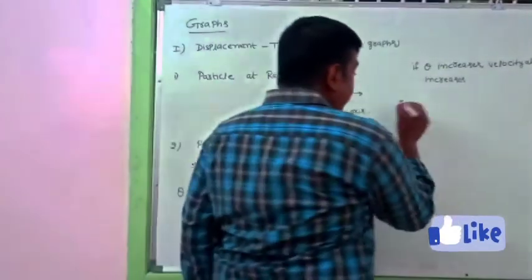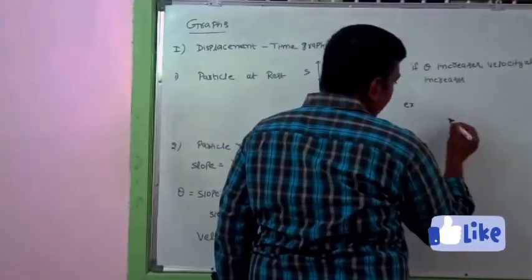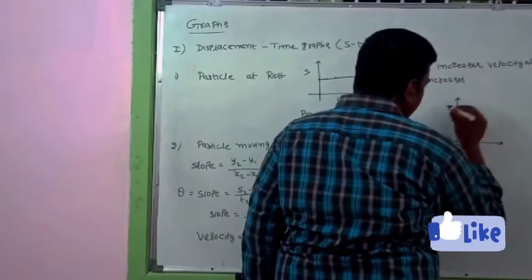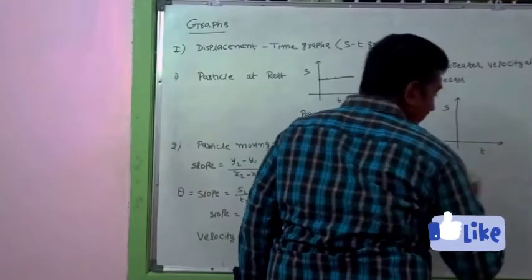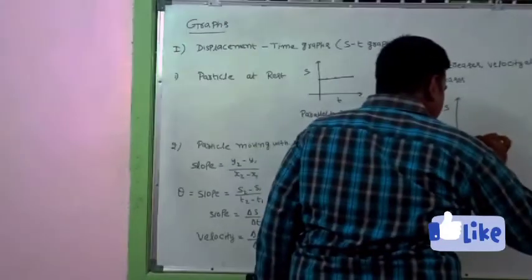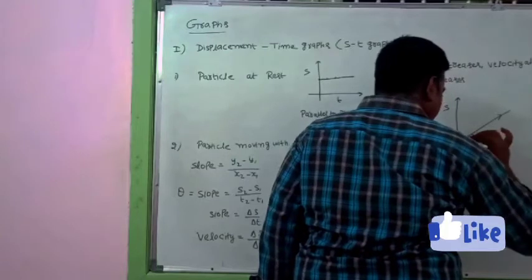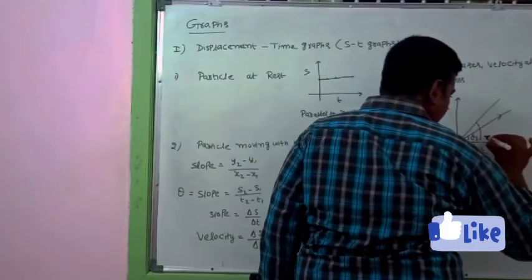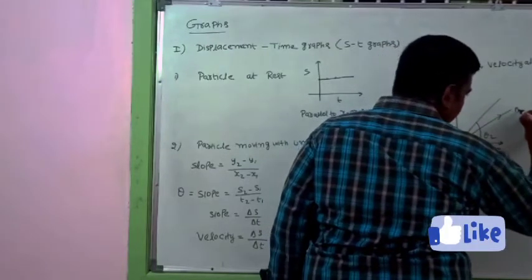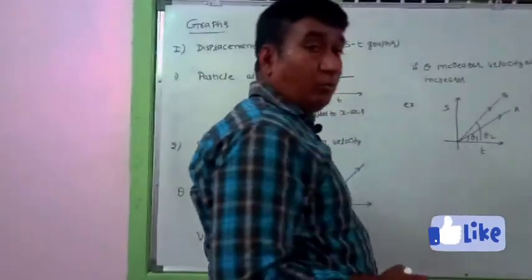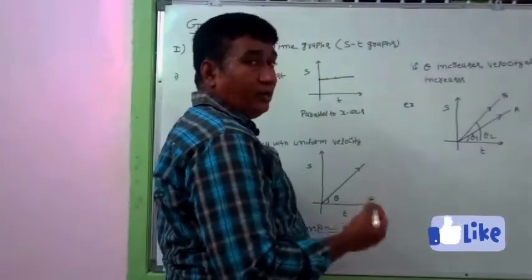So, for example, I have taken two cars. One car is A, another car is B. This makes an angle theta 1 and this makes an angle theta 2. This is A and this is B. So which one has more velocity, car A or car B?